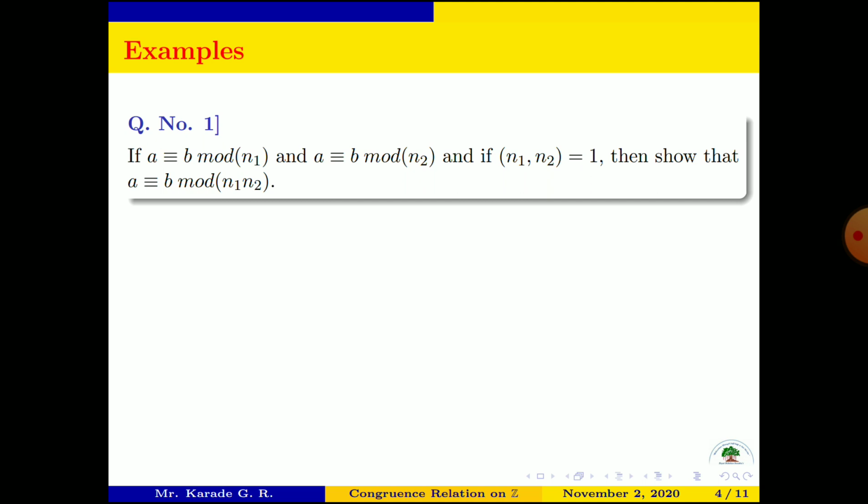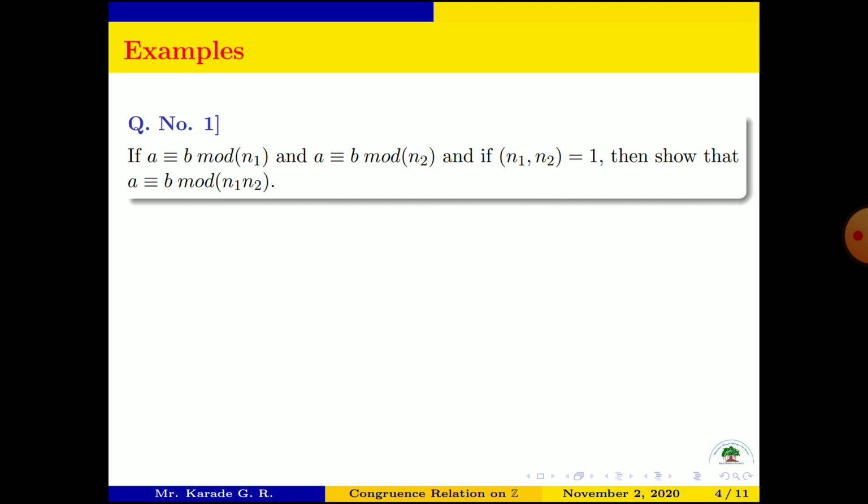So in this problem, it is given that A is congruent to B mod n1 as well as A is congruent to B mod n2. Also given that the GCD of n1 and n2 is 1, and we have to show that A is congruent to B mod n1 into n2.